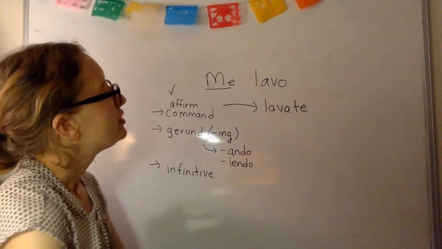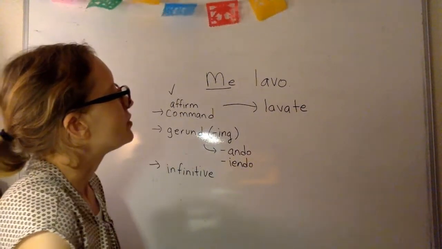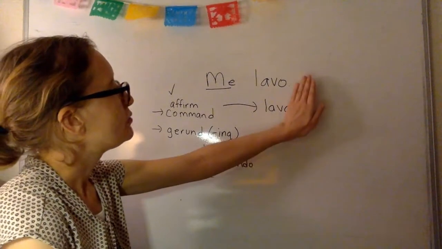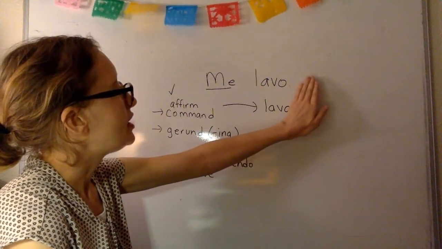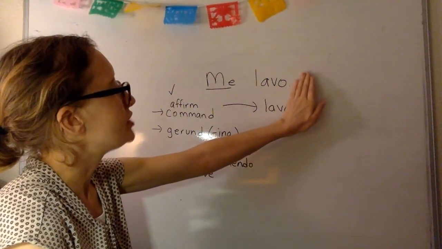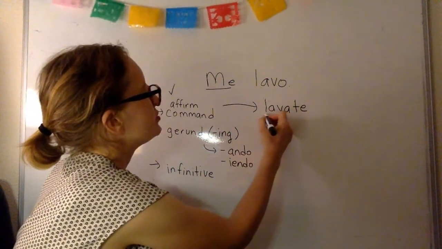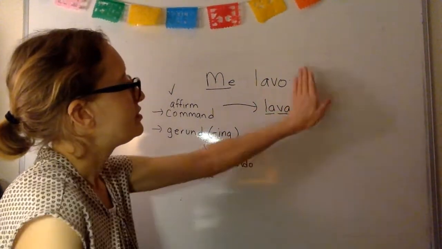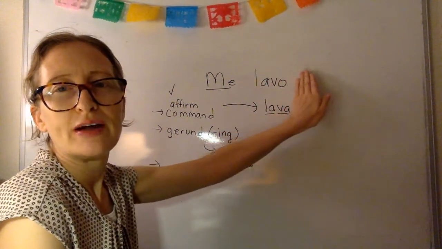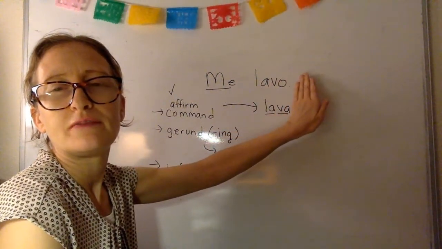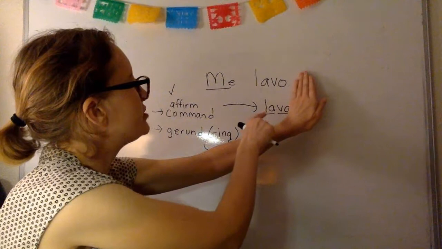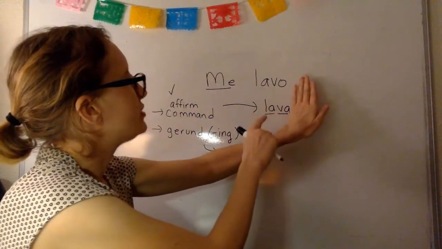Now, how do you know where the accent mark goes? Well, what you do is look at the original conjugation without the pronoun, and you're going to look at the syllables la, ba. And you're going to ask yourself, on which vowel is the voice stronger?